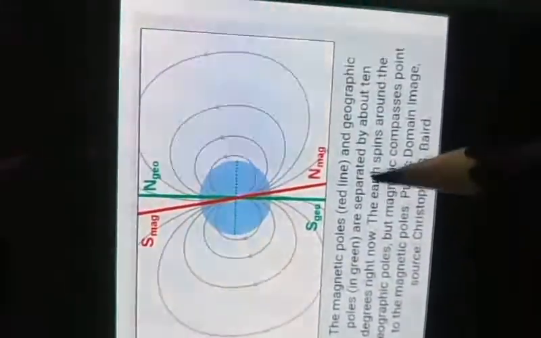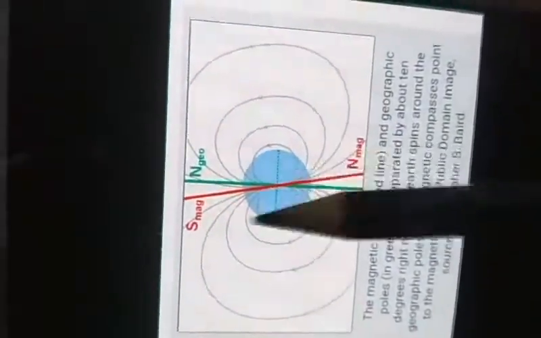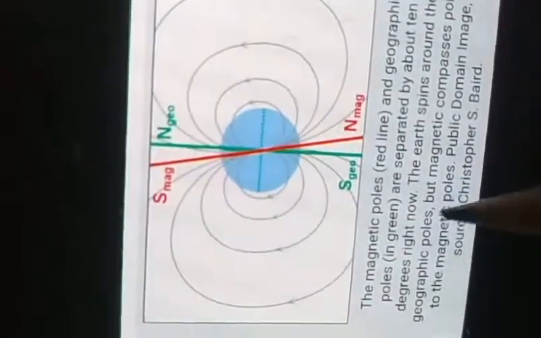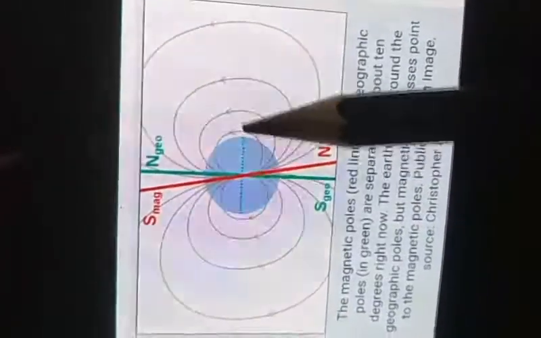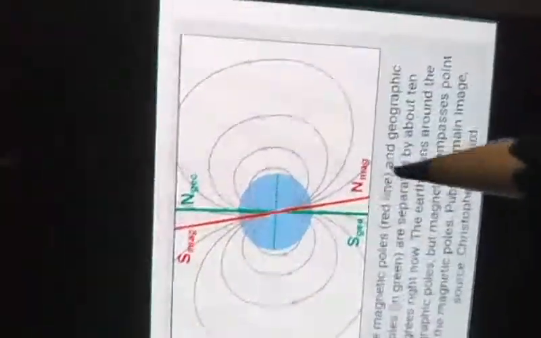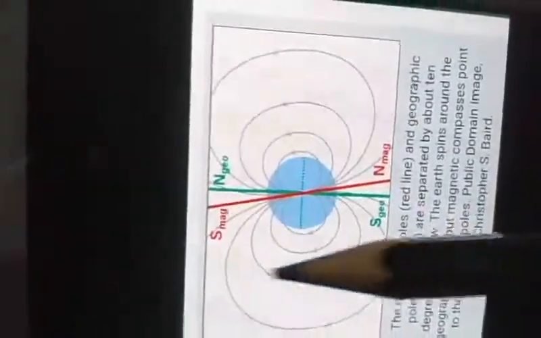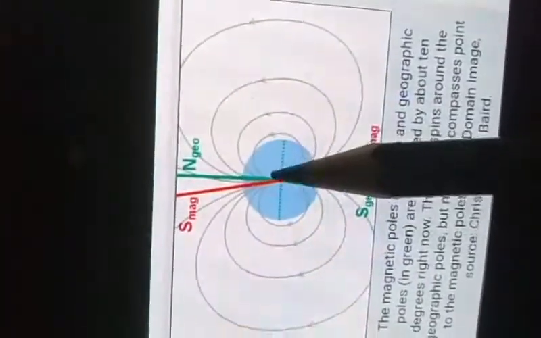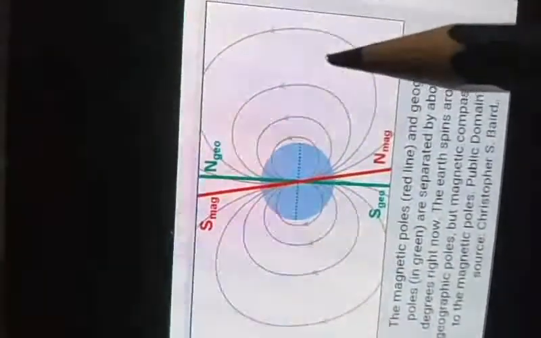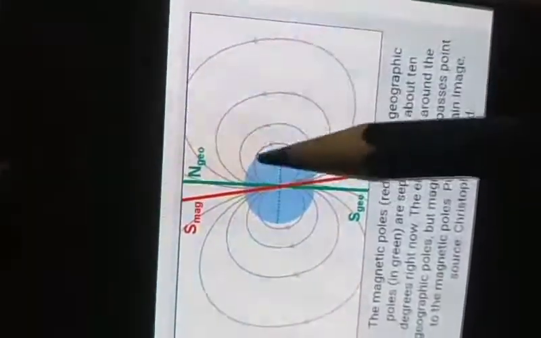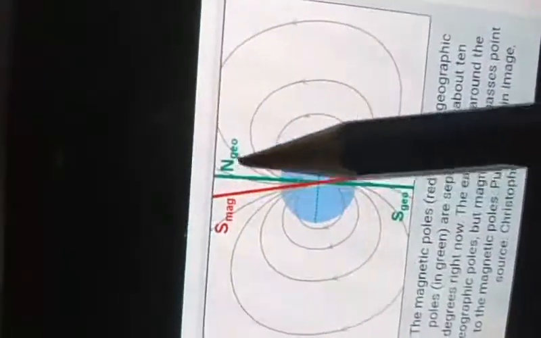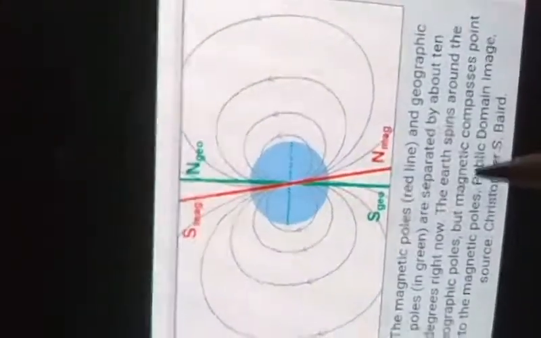A magnetic compass does not point towards the earth's geographic poles, it points towards the magnetic poles, which are different from the geographic poles. And it is 10 or 11 degrees aligned in this position.